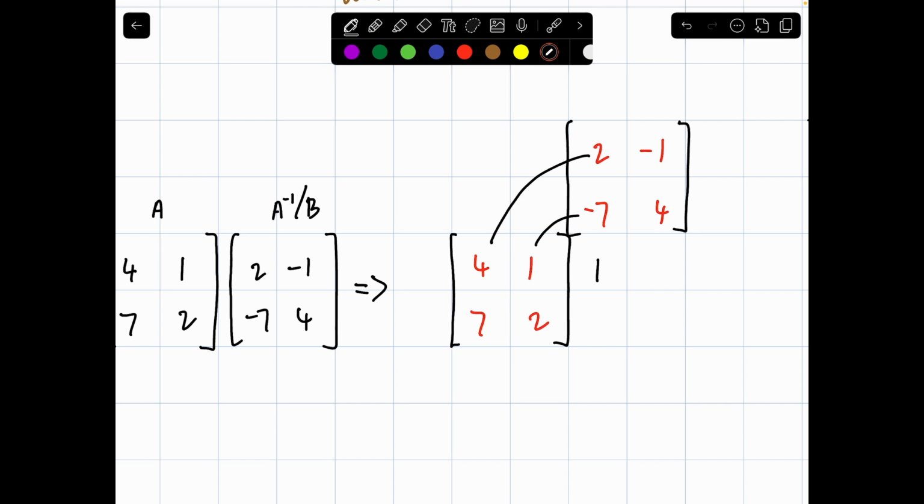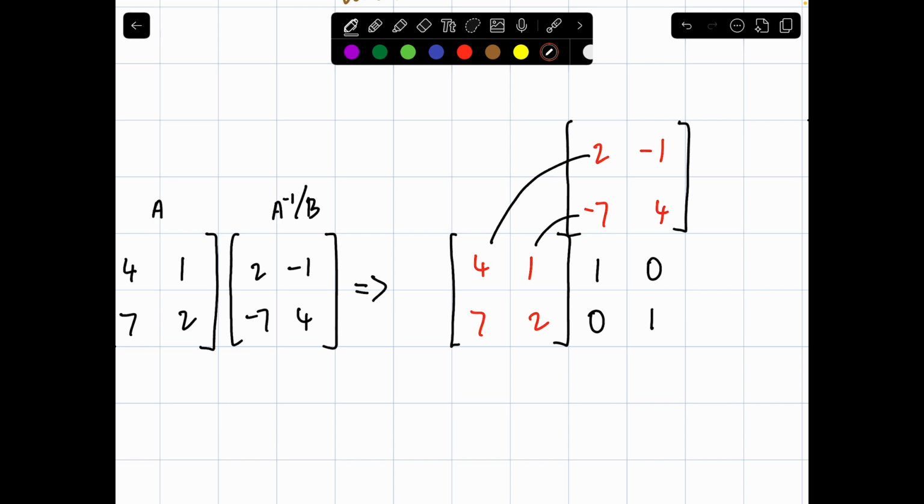Then 7 times 2 is 14. 14 minus 14, we get 0. And -1 times 4 is -4. 1 times 4 is 4. When you add them both together, you get 0. And lastly, 4 times 2 is 8. 7 times -1 is -7. 8 minus 7, you get 1.